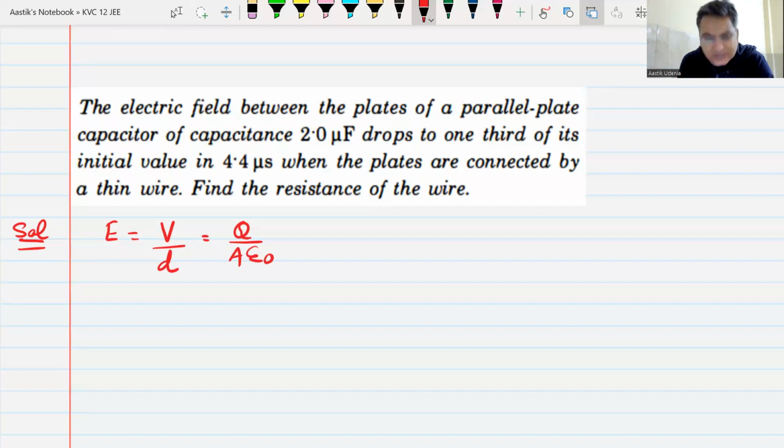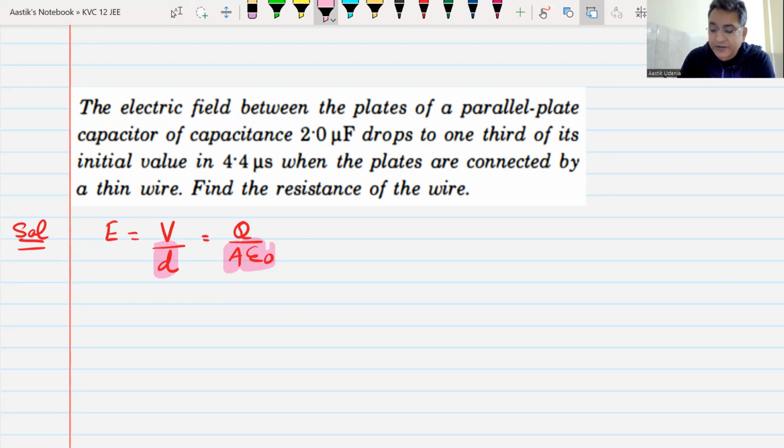Whatever formula you apply, whatever you see in the denominator, whether it is D or A or epsilon naught, they are always going to remain constant.